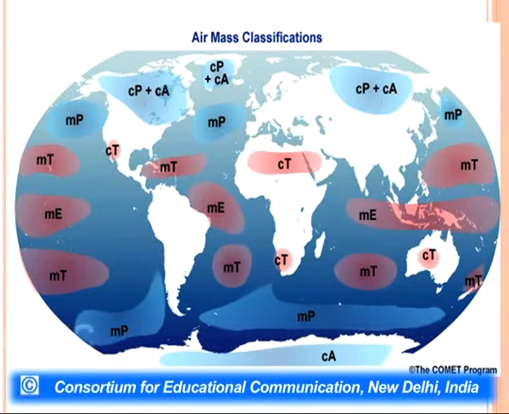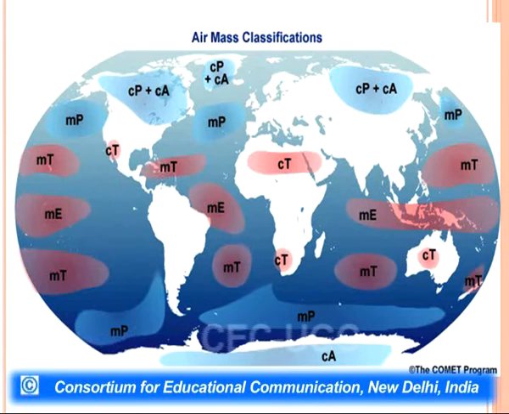So western Siberia, central Siberia, and eastern Siberia altogether provide a unique condition for the formation of air mass. Like the CP of North America, an immense, large-size continental polar air mass develops over the northern part of Asia. This is called CP, continental polar.